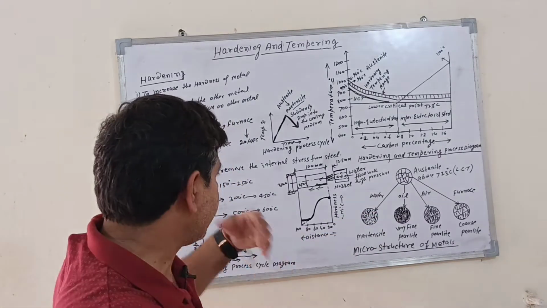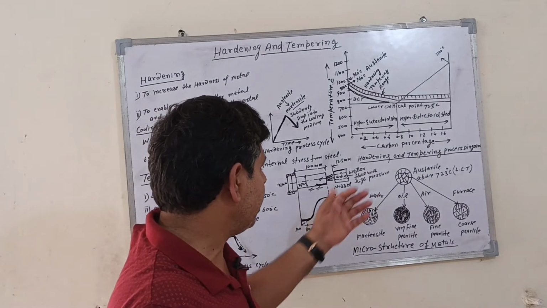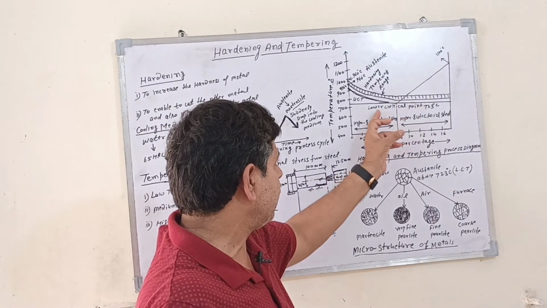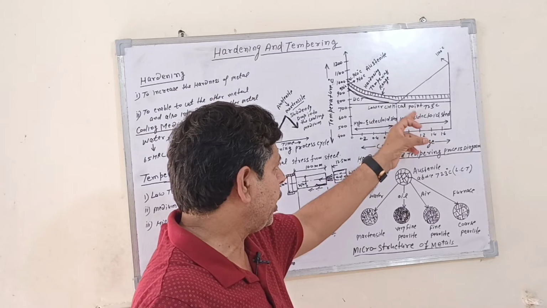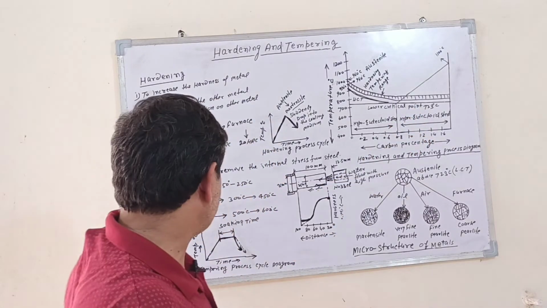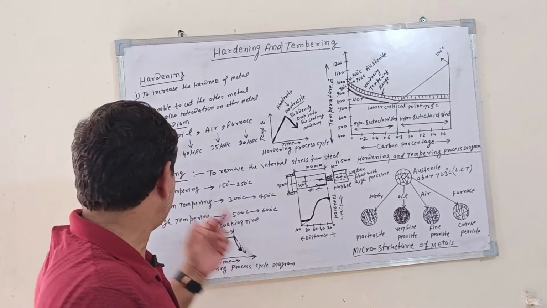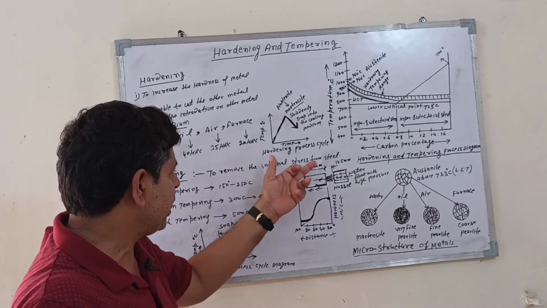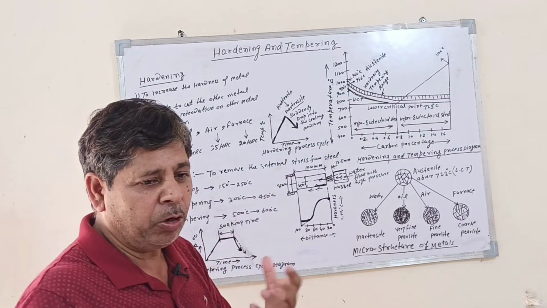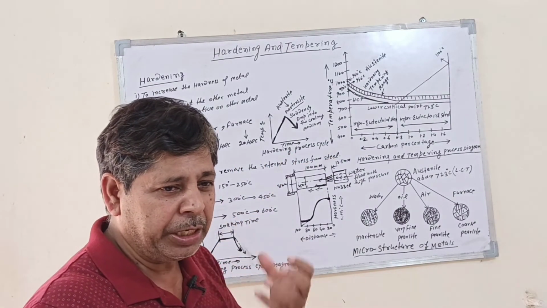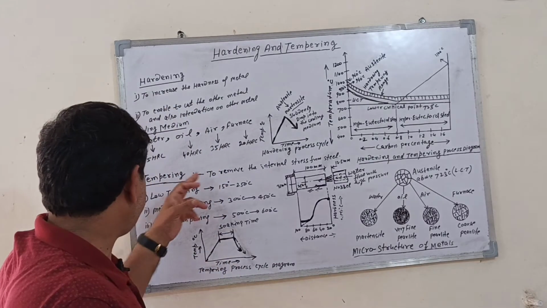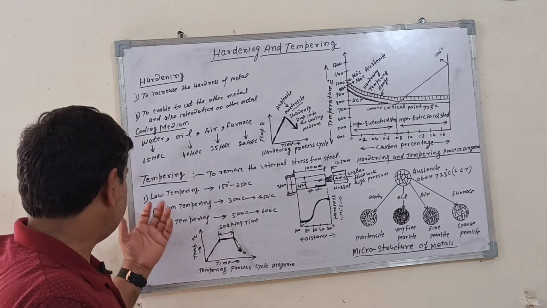The metal is heated again, below the lower critical temperature, to remove the internal stresses from the steel and also control the brittleness of the metal. The tempering process is generally of three types.